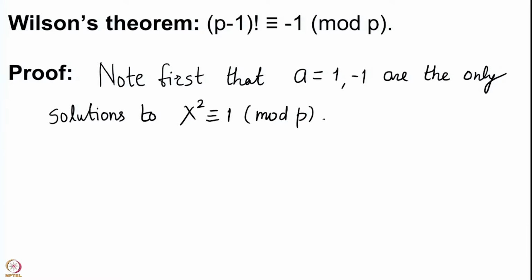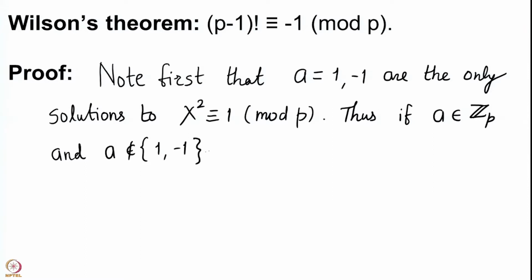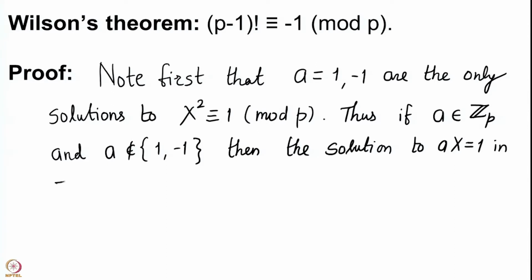So, what it means to say is the following. Thus, if you have a from Z_p and you take a to be different from 1 and minus 1, then the solution to ax equal to 1 in Z_p is not equal to a.